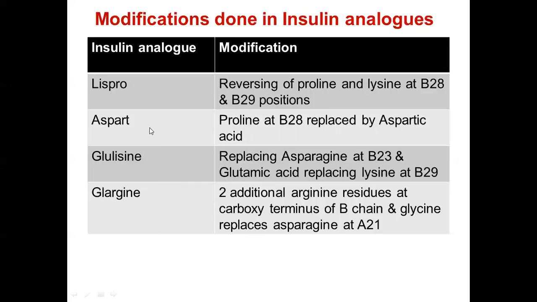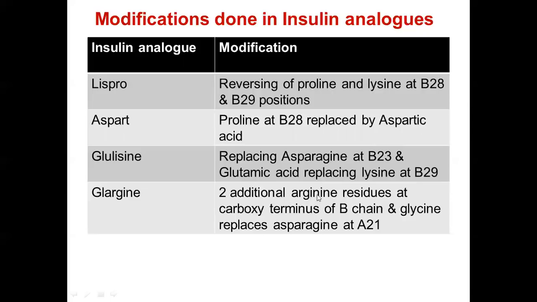In the case of insulin aspart, the proline at the 28th position of the B chain is replaced by aspartic acid. In the case of glulisine, the asparagine at B3 is replaced, and glutamic acid replaces lysine at the 29th position of the B chain.